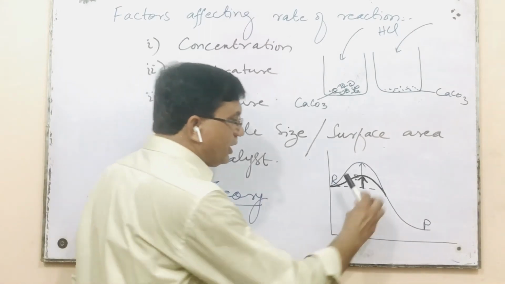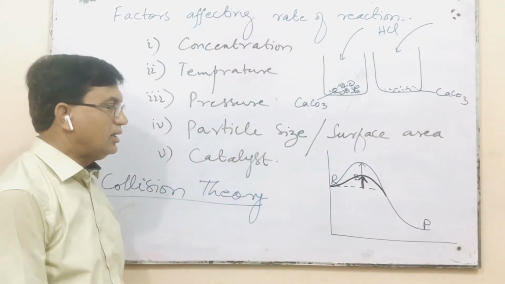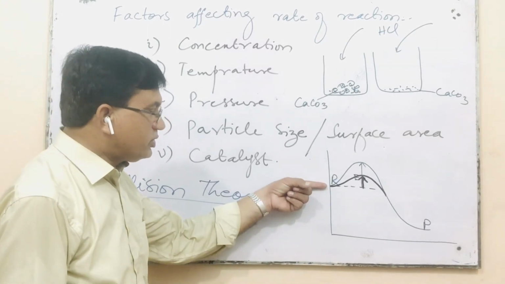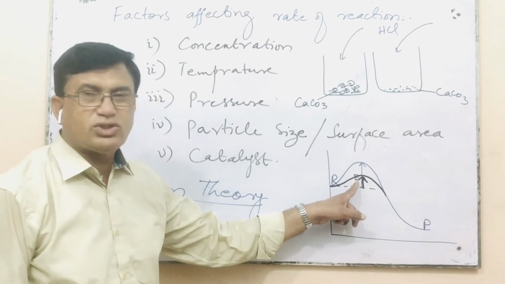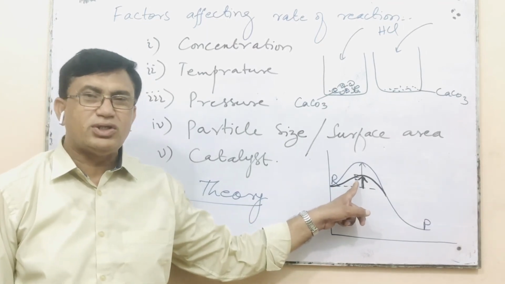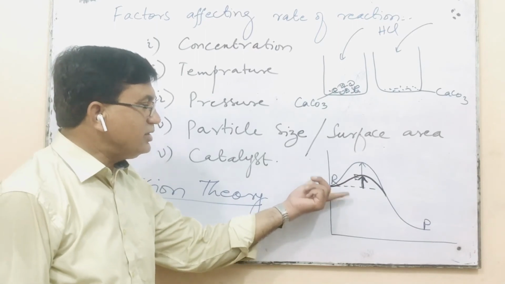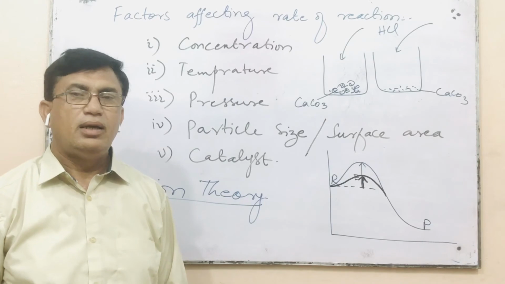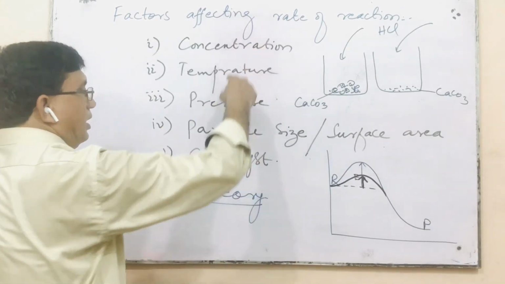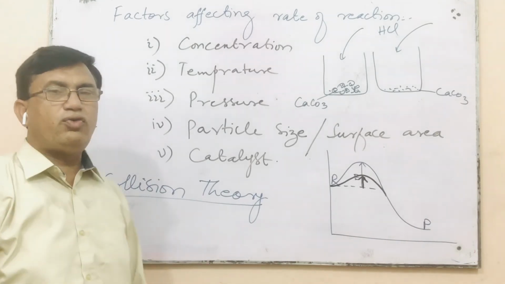As the energy of activation is decreased by the addition of the catalyst, the energy produced as a result of collision will easily become equal to this lower energy of activation. That's why the reactants will easily be changed into the products. In this manner, all these factors affect the rate of reaction.